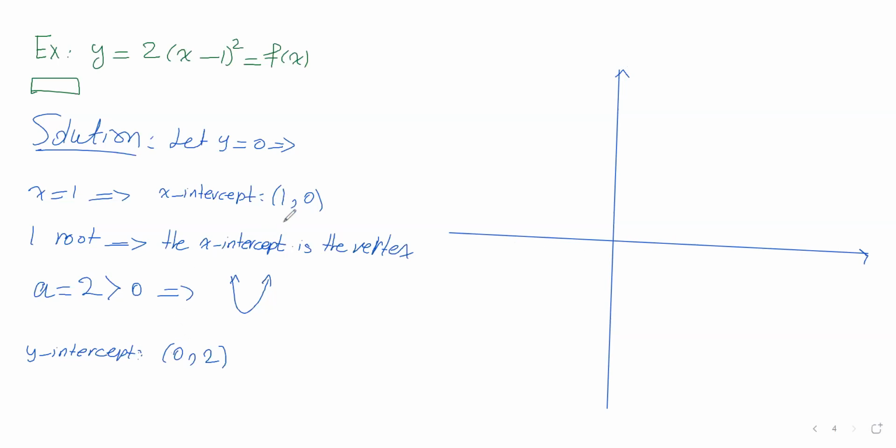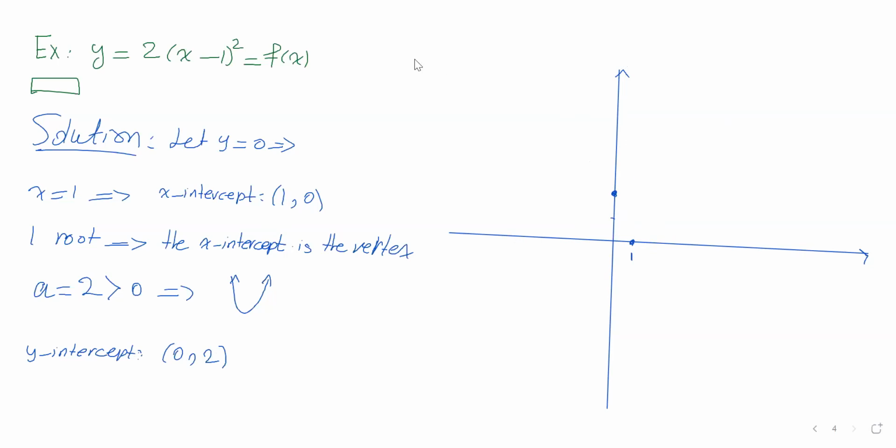The point (1, 0) is my vertex. I have another point here, (0, 2). And then I know my graph is going to look like this.